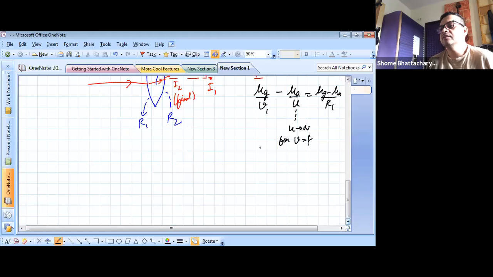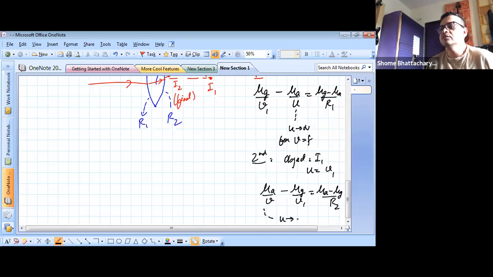For the second refraction, the object is I1, so U becomes V1. Because it's happening from glass to air, index of glass divided by V1 is equal to (refractive index of air minus glass) divided by R2. Here again, if we substitute U as infinity in equation 1, then V becomes the focal length.